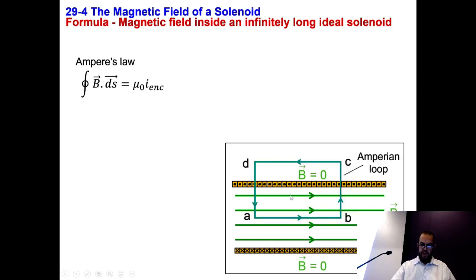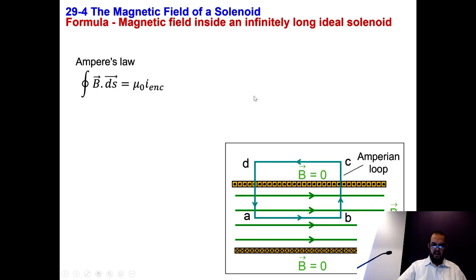So this is the Amperian loop that we're going to consider, and it's in the counterclockwise direction. We have element AB inside the solenoid, element CD outside the solenoid, and BC and DA are perpendicular to the axis of the solenoid.